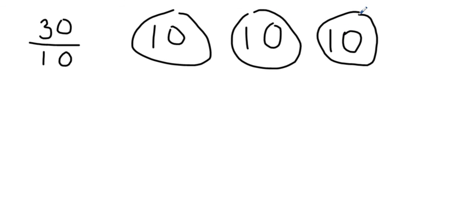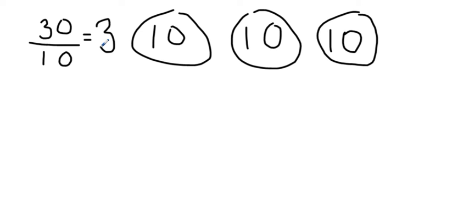So we've actually got 3 whole lots of 10 out of our 30. So 30 over 10 is the same as 3 wholes. We've got nothing left over because we know if we count in tens we can get up to 30. So 30 over 10 is the same as 3 wholes. So that is what I'm looking for as an answer.